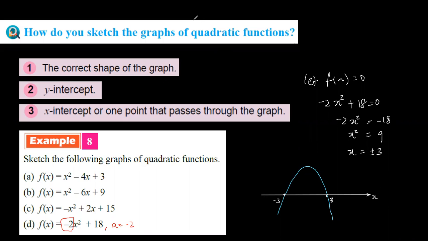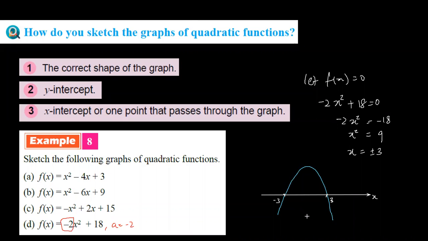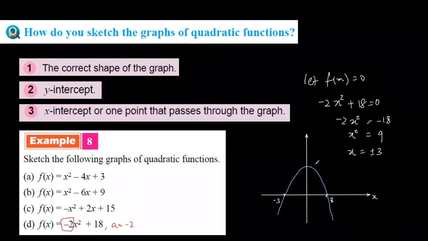Okay, so the y-axis should lie in between negative 3 and 3, because 3 and negative 3 are balanced. So the y-intercept will be in between negative 3 and 3. The maximum point is actually the y-intercept as well.